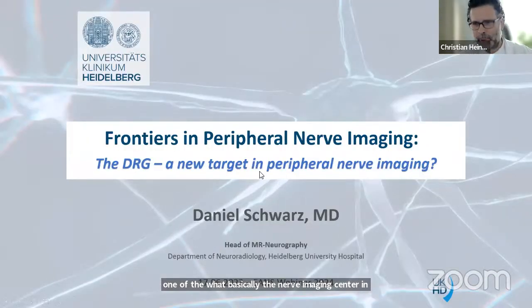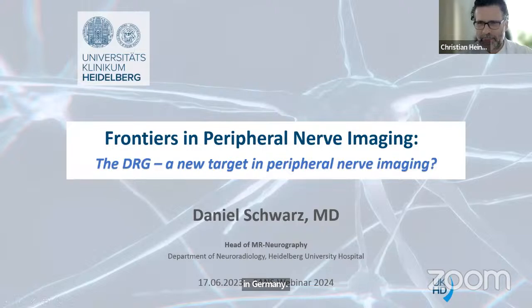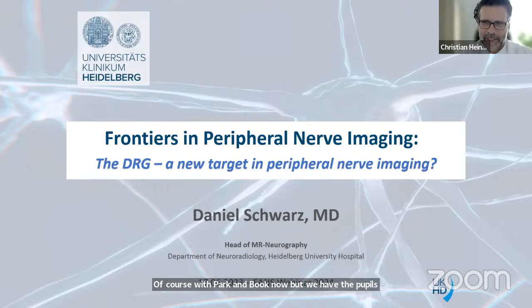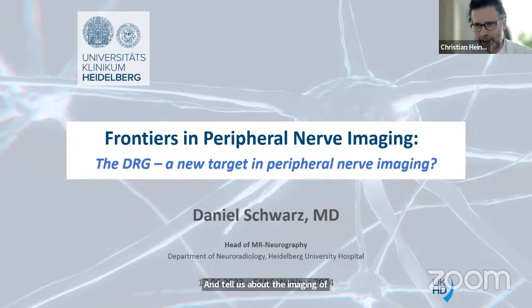Of course, with Quakenbrück now, but we have the pupils of Heidelberg. They spread all over Germany, and we are very happy to have you here with us and tell us about the imaging of the dorsal root ganglion. And we are very curious to hear you. So please, Daniel, go ahead.